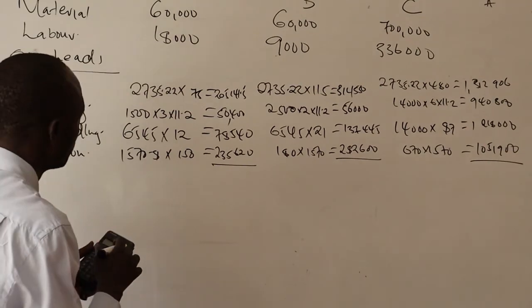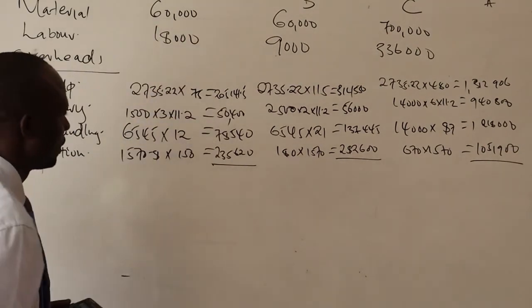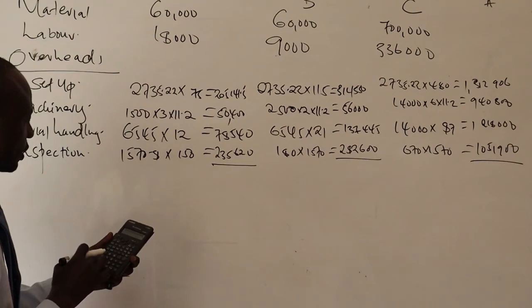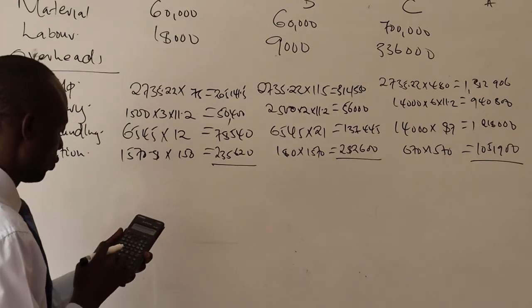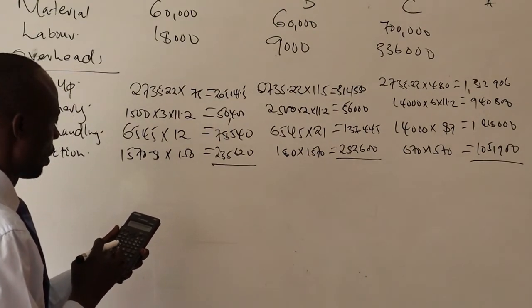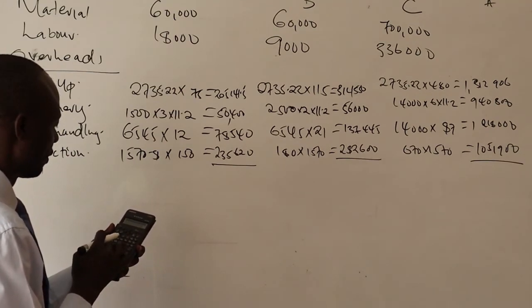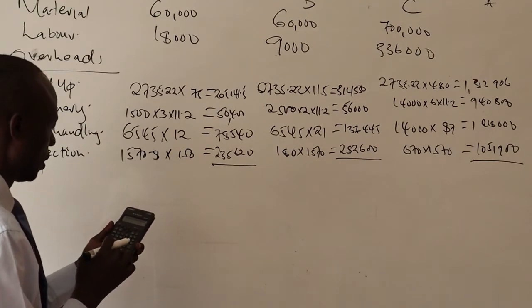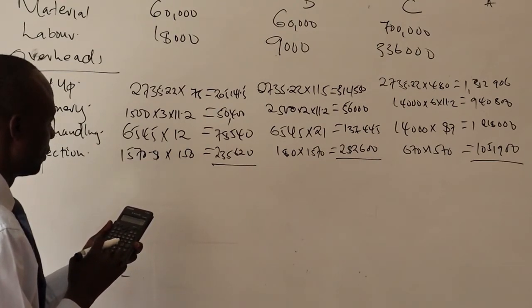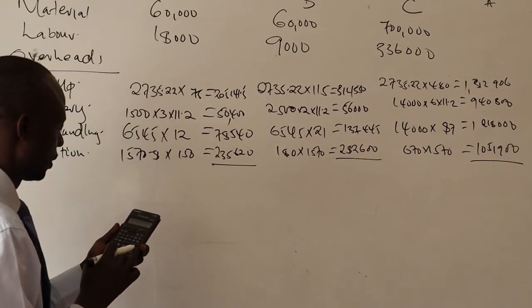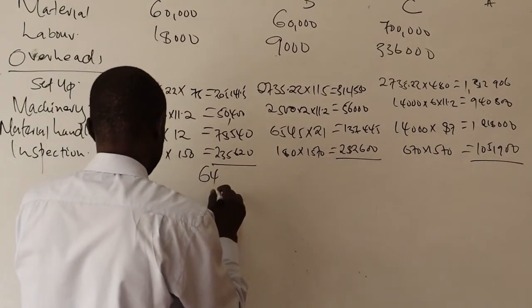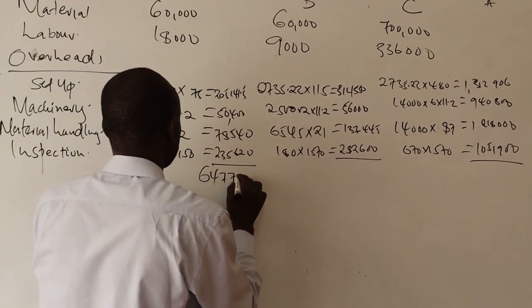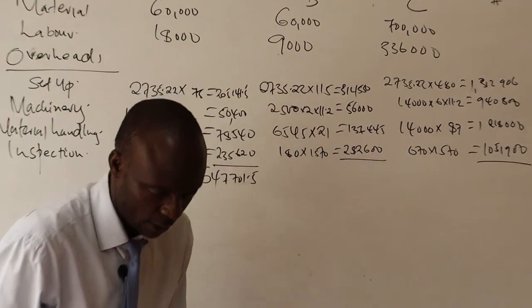Then we are going to get the totals. The total of material, labor, and overheads. So this is 60,000 plus 18,000 plus 205,141.5 plus 50,400 plus 78,540 plus 235,620.